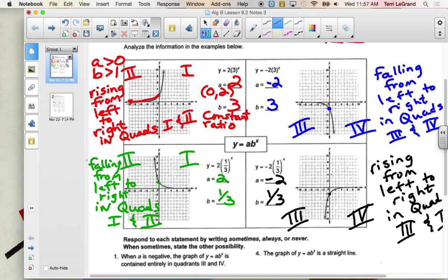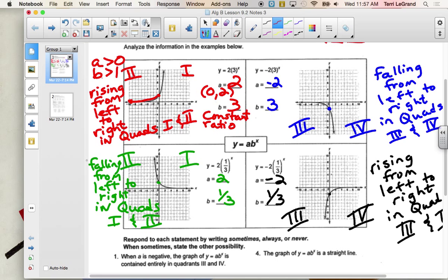Clear out the one you had in there and put in -3 times, and we need a B value greater than 1: 2 raised to the x power. Do we get the same behavior? In other words, is it falling from left to right? Is it in quadrants 3 and 4?